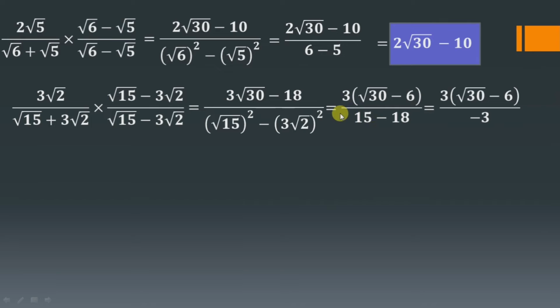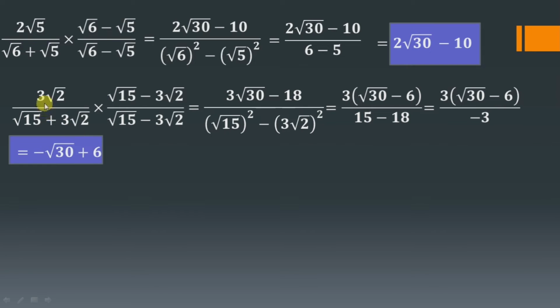This is equal to 3 root 30 minus 6 divided by minus 3. Why minus? Because 18 is greater than 15, and since the sign of 18 is minus, it's a minus 3. Now this 3 and this 3 will get cancelled. So it becomes minus root 30 because of this minus, and this minus into minus is plus, plus 6.